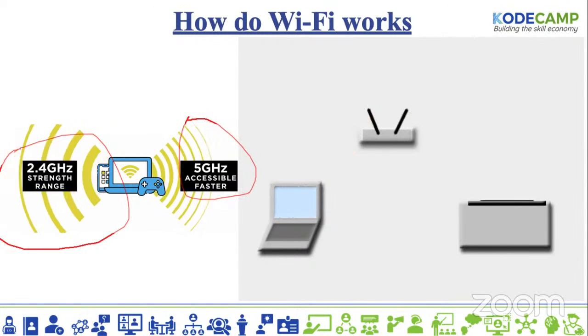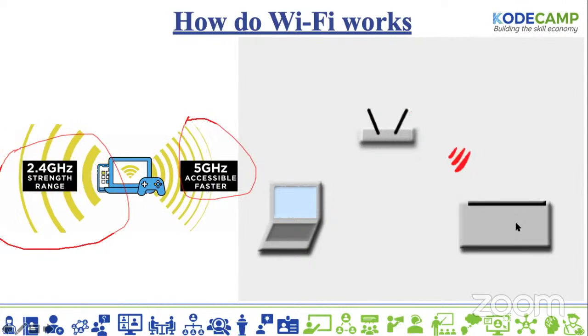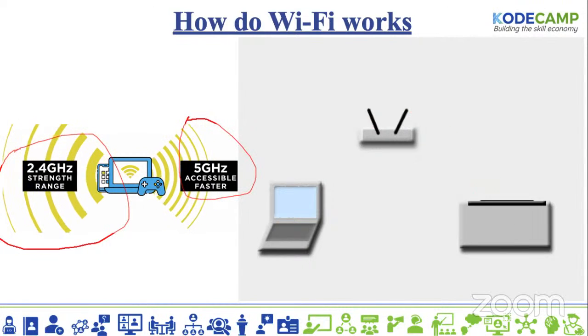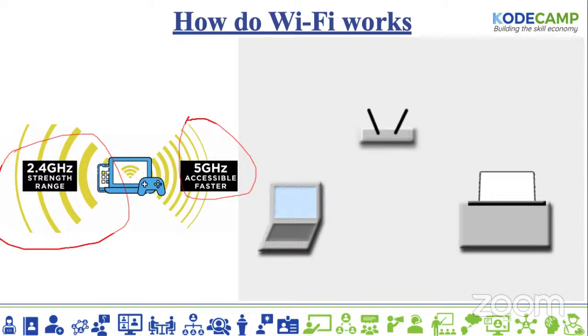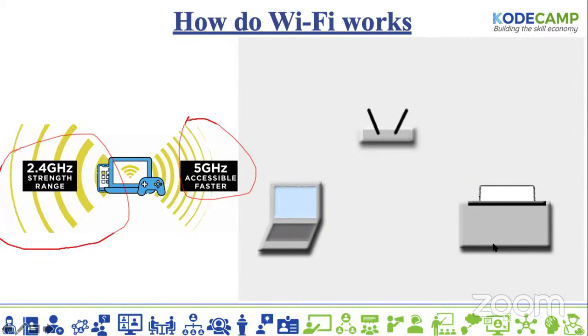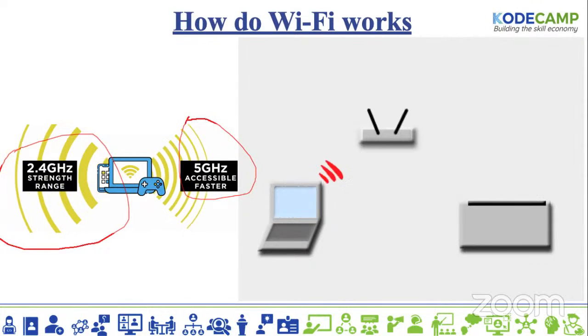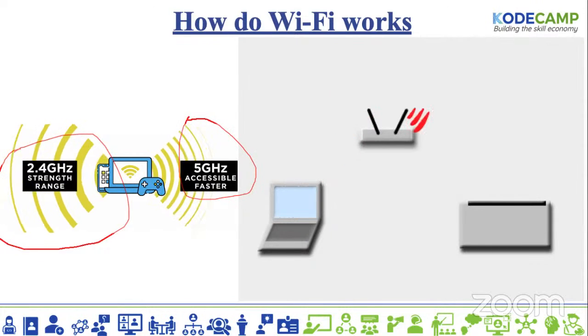Then it sends it to the printer. The printer now gets those ones and zeros, those data. Before this data is sent here, it has been translated back into what was requested to be printed. And then you have whatever you're printing coming out for you.